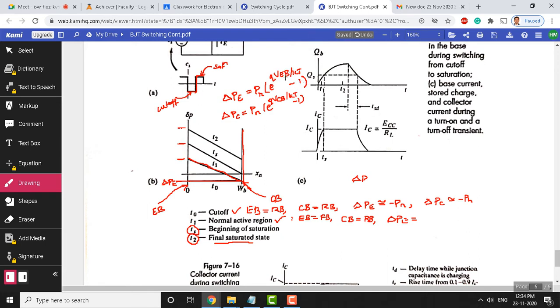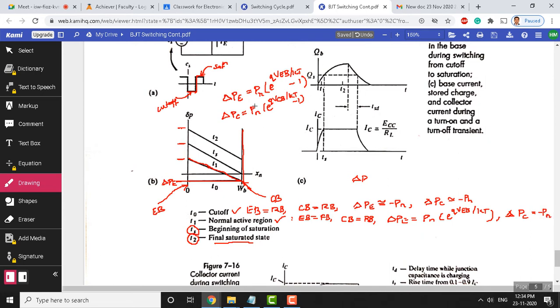So, now this value will be equal to P n times e to the power of q V E B by k T. Let us ignore 1 here; 1 becomes very small for a large value of V E B. So, what about delta P C? Delta P C remains as minus P n, since it is reverse biased.